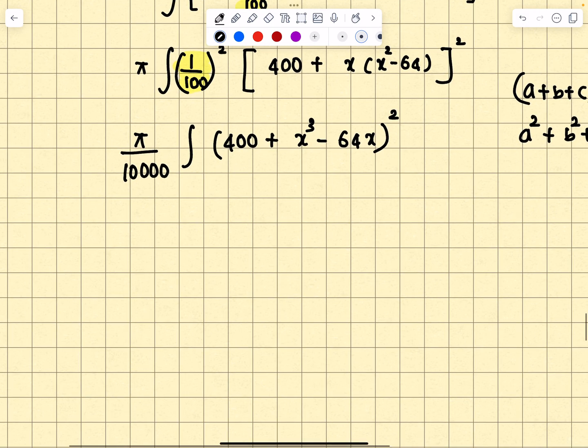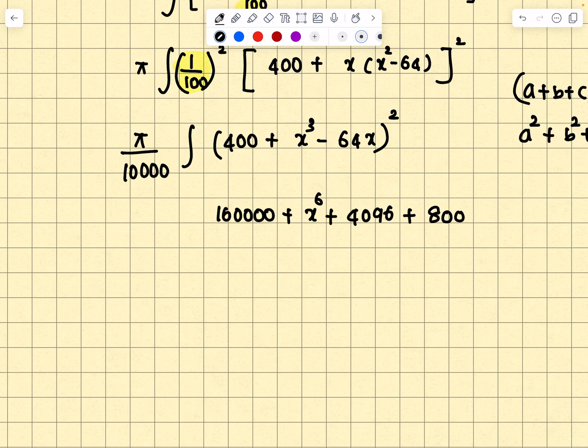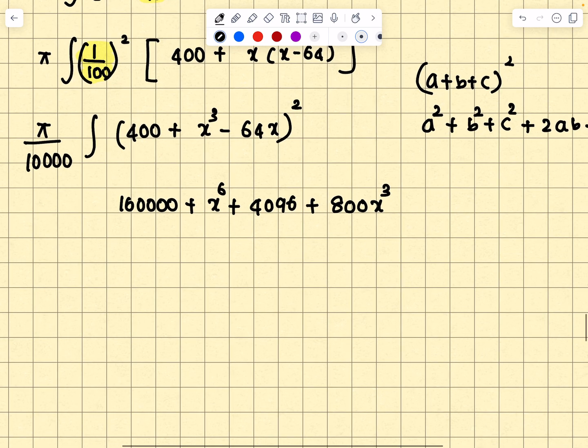So when I square this, 400 squared is 160,000, x to the power of 6 plus 64 squared is going to give me 4,096, plus 800x cubed, and then 400 times 64 times 2, which is 51,200x, and then minus 128x to the power of 4.